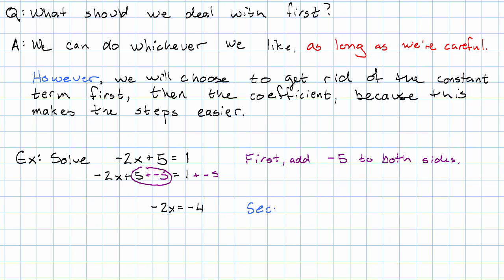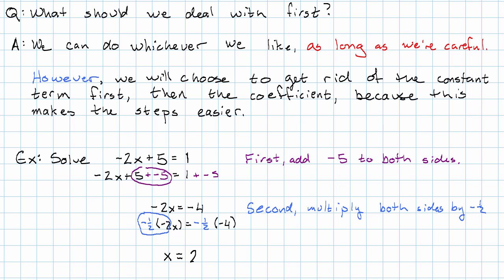Now I want to get rid of the negative 2x, so I'm going to multiply both sides by negative 1/2. I have negative 1/2 times negative 2x equals negative 1/2 times negative 4. Notice again, negative 1/2 times negative 2 is just 1, so I'm left with just x.